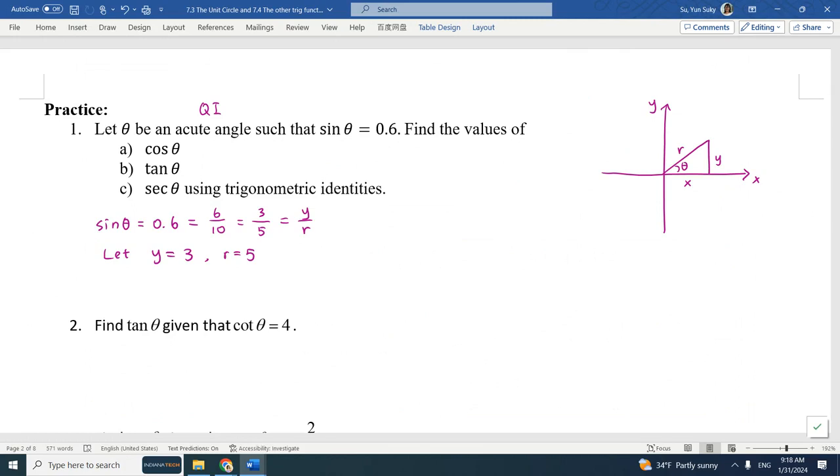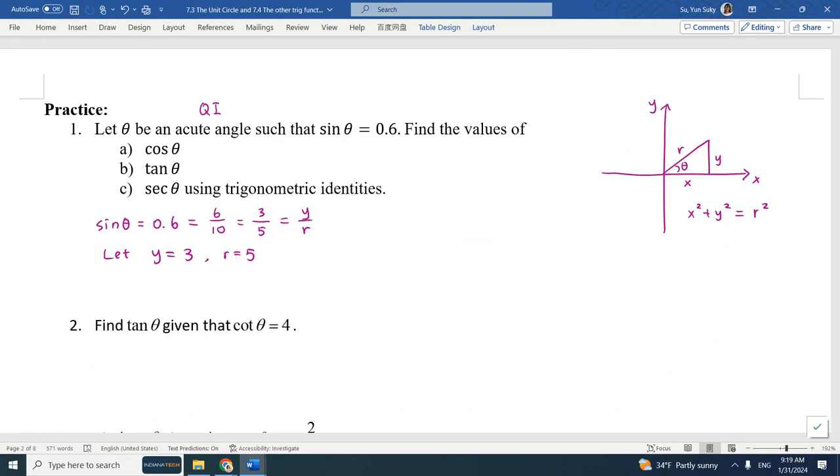And in this right triangle, by the Pythagorean theorem, we have x squared plus y squared equals r squared. Now we know y and we know r. We want to find x. Yes, everybody? We want to find x. How do you solve for x?